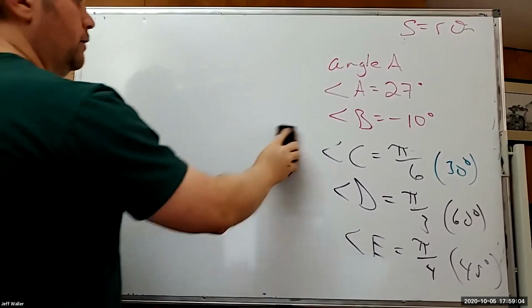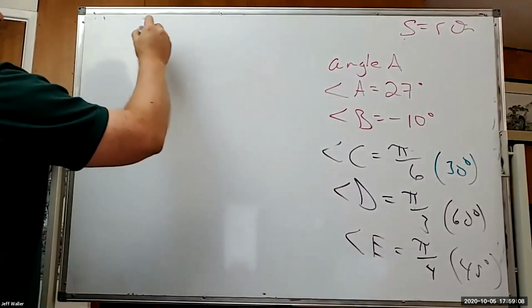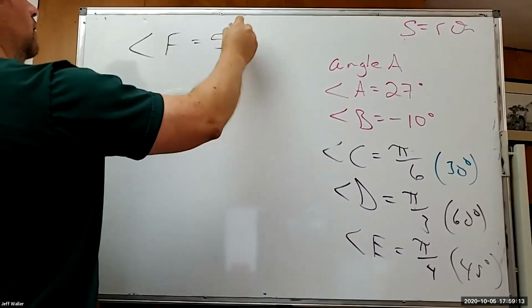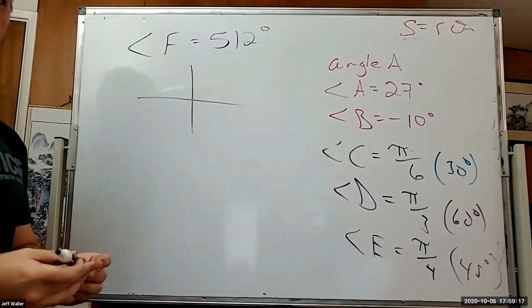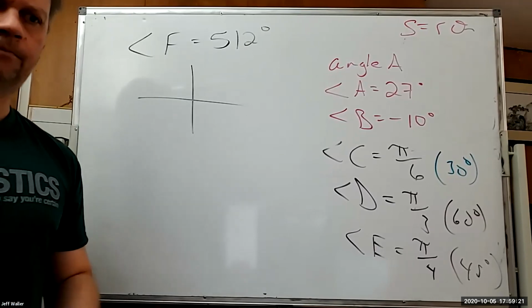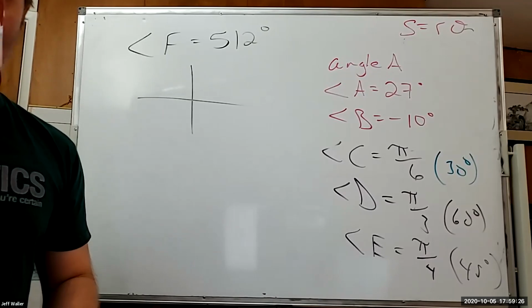What about this? Let me go one step further. What if I have this angle? Where would that be? And what's kind of special about that angle? You just keep going, right?